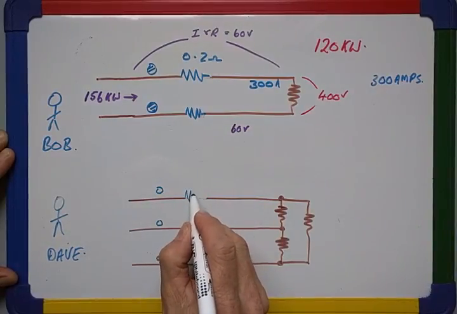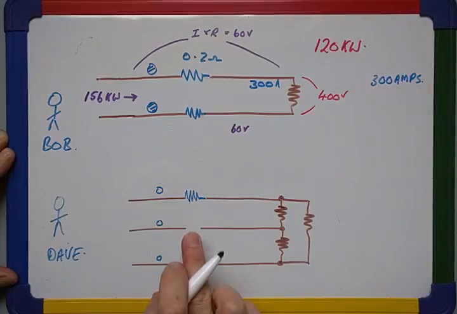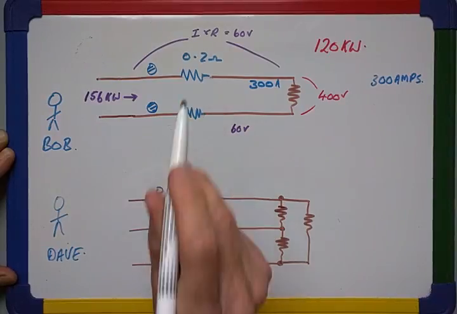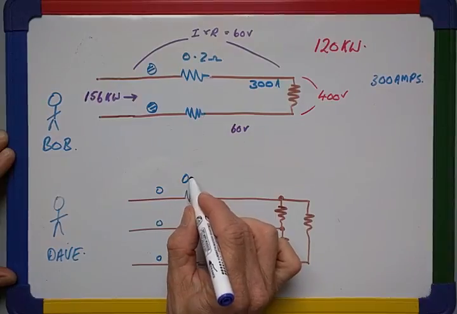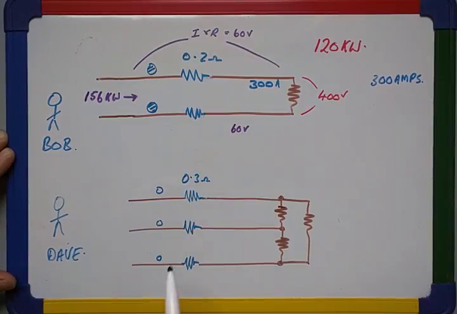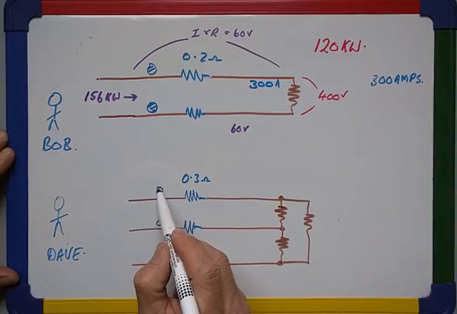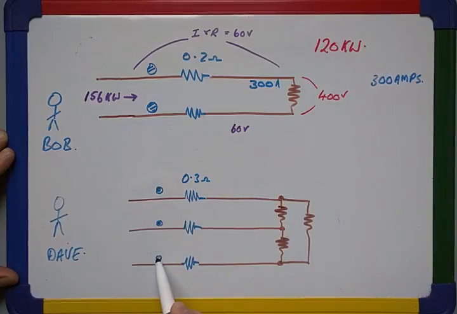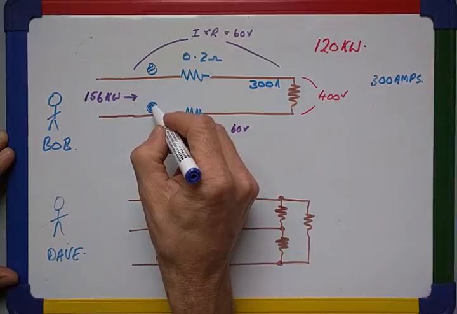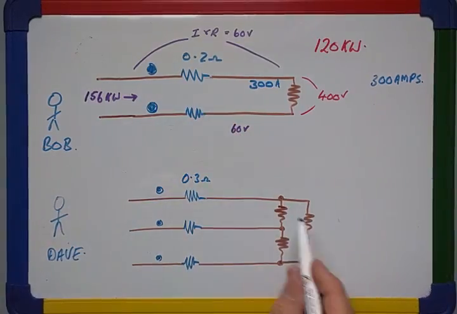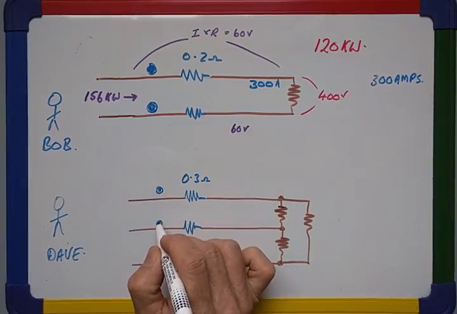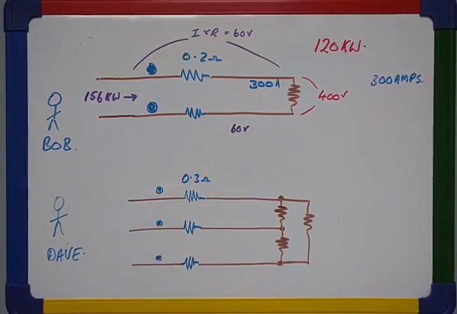So that being the case, Dave's transmission cables aren't 0.2 ohm, they're smaller cables, so they have a resistance of 0.3 ohms, a higher resistance because it's a smaller cable. So Dave has done away with Bob's first objection, which is that being a 3-wire system, this is going to be more expensive to put into place because it actually just uses the same amount of copper. So let's see how the sums work out now.